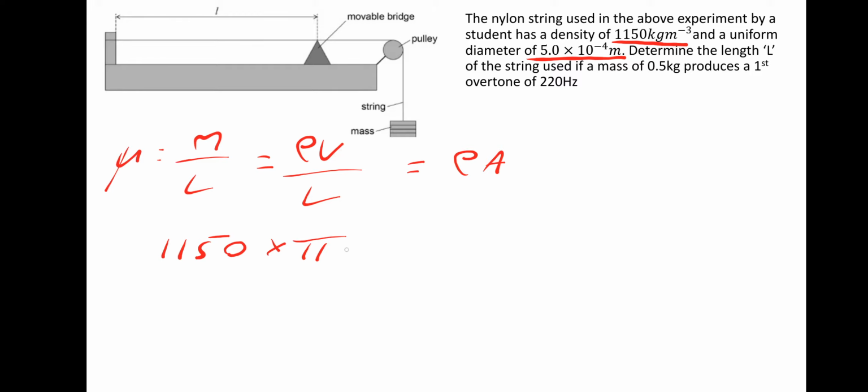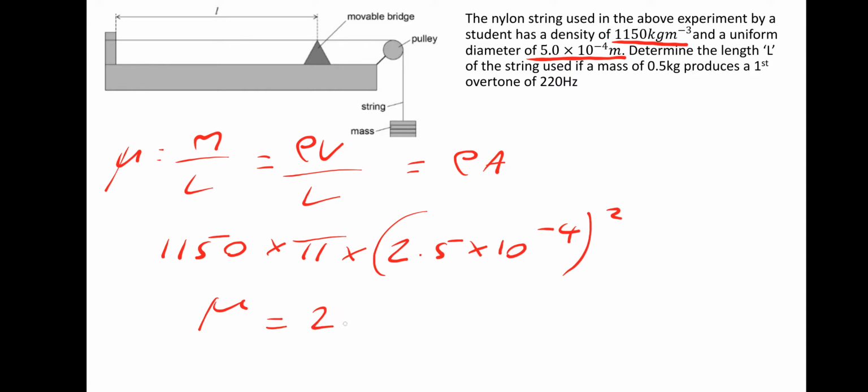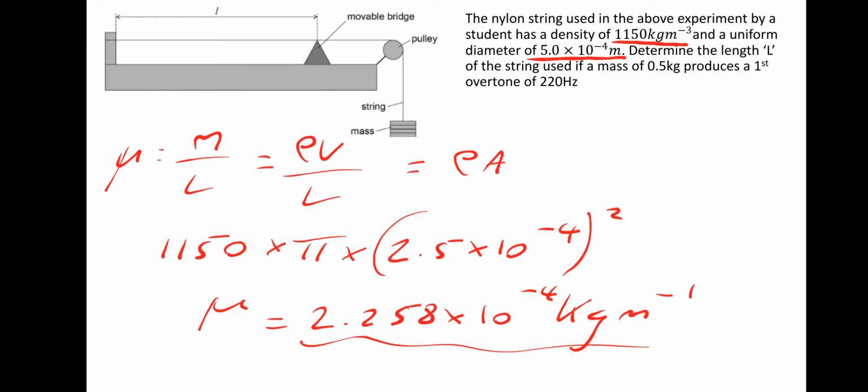So we multiply by pi times, the radius is half the diameter, so it's 2.5 times 10 to the minus 4 squared. So that would give a mass per unit length of 2.258 times 10 to the minus 4 kilograms per meter. So that's the first part done.